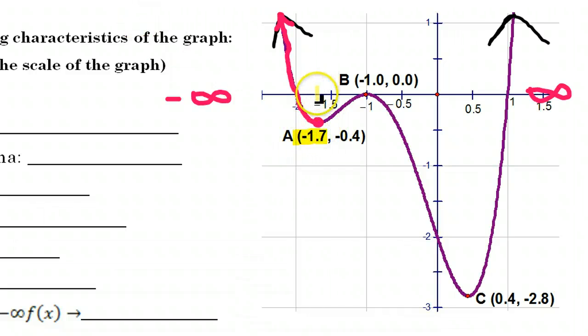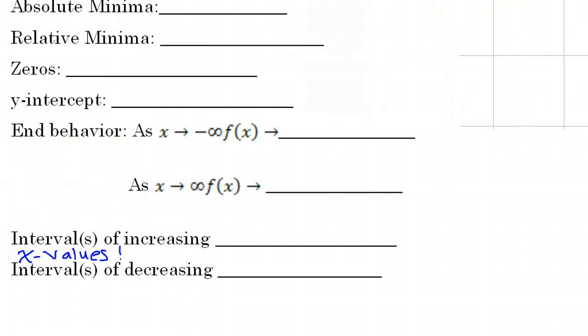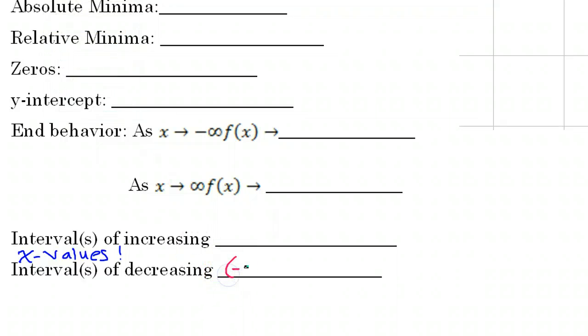Alright, we're looking at the x-axis right now. So our first decreasing interval, because we're going downhill, is from negative infinity to negative 1.7. Okay, decreasing interval.